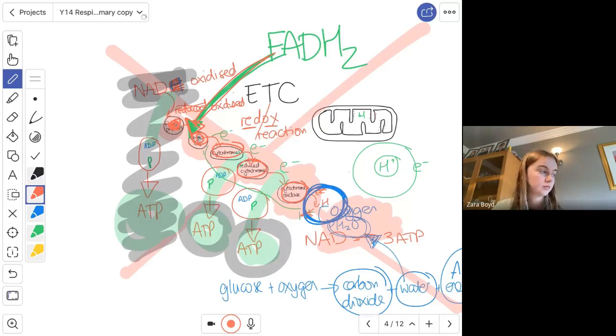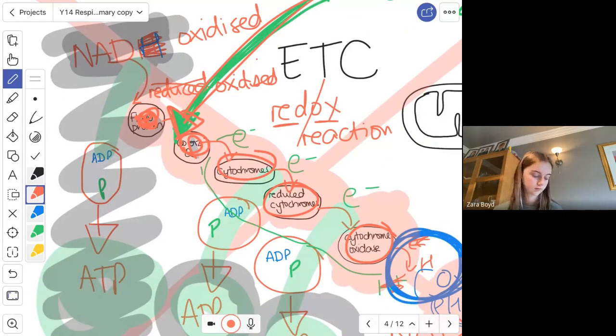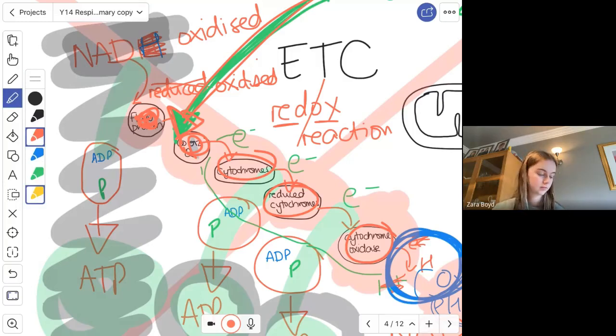Now, this is all very messy, but we said that at this point here, which I've done in yellow, the hydrogen dissociates, and the electrons are passed down the chain.